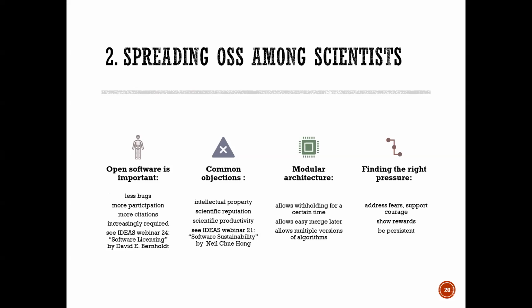For example, it tends to have fewer bugs. It tends to create more participation from users who wouldn't have connections to that kind of software otherwise, who cannot get a closed code. It tends to generate more citations, and increasingly funding agencies require open source software as a research product. And there's a great IDEAS webinar about this.